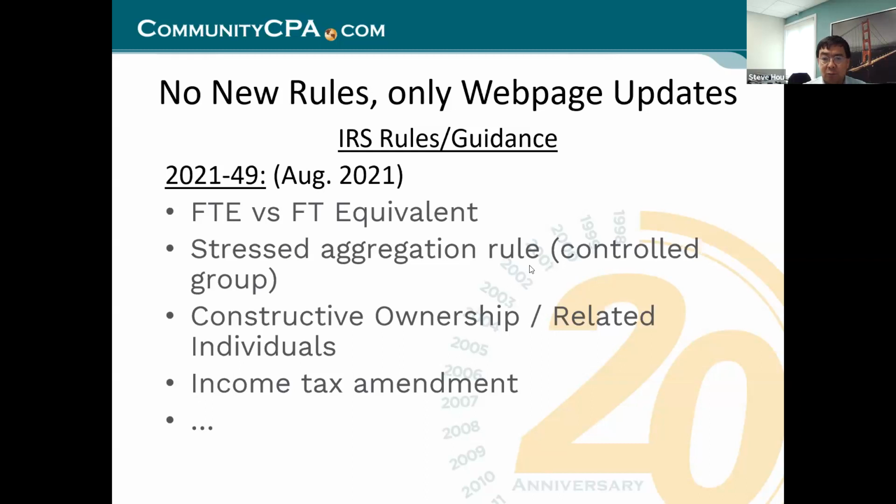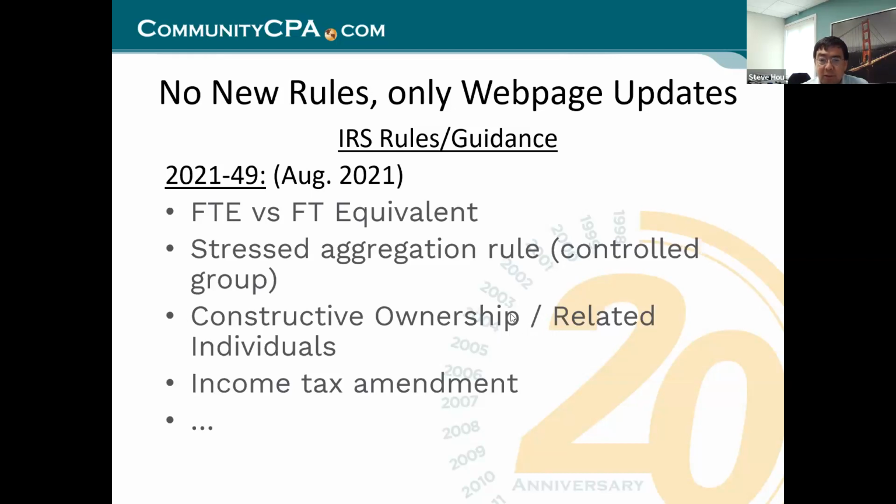If the aggregation rule applies, then you have to combine the revenues if you're trying to apply the revenue drop criteria, and you need to combine them together if you want to apply the government order partial shutdown criteria as well. Okay, and in that notice, it also clarified the so-called constructive ownership.